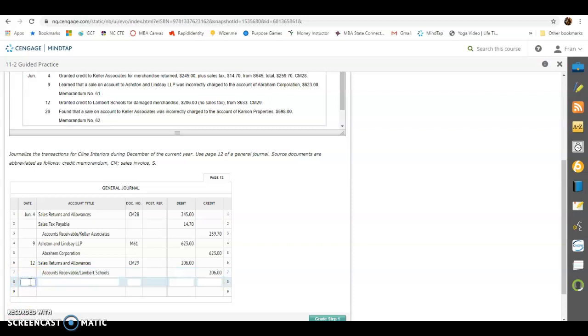And our last entry is on the 26th. Found a sale on account to Keller Associates, which was incorrectly charged to the account of Carson Property. So we're going to do the same thing as we did a minute ago. It was supposed to be to Keller Associates.